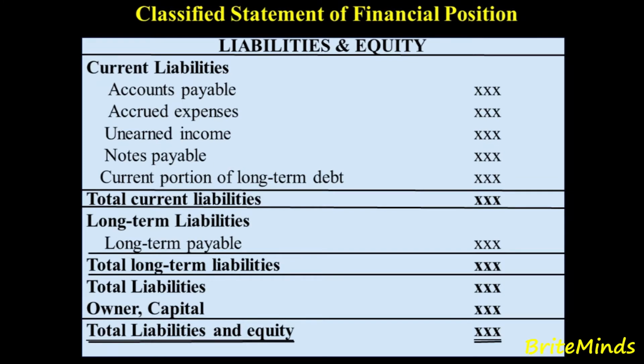What does it mean? The liabilities will be classified as non-current when the obligations to be paid are due in more than a year. For example, under the non-current liabilities is the long-term payable.